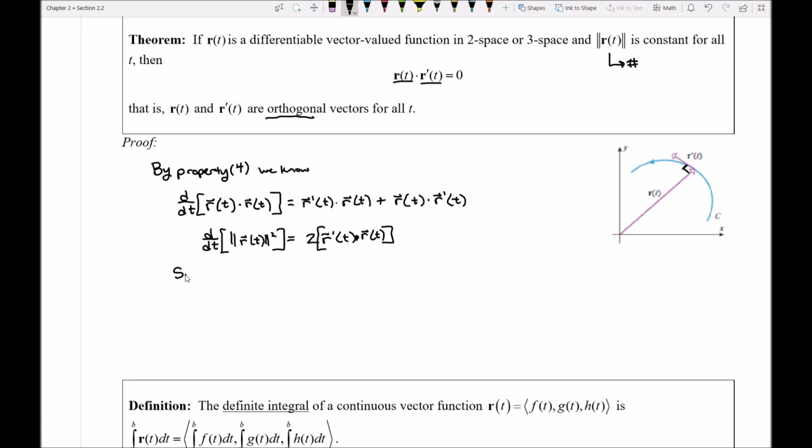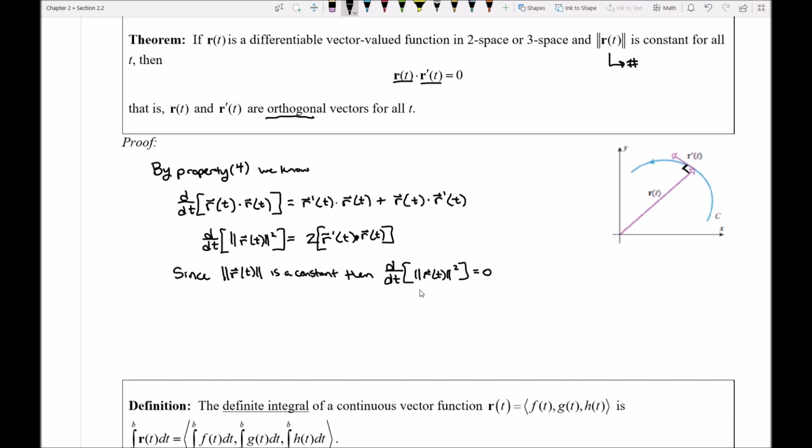Since r prime of t is a constant, then wouldn't taking that constant and squaring it still be a constant? But if I have a constant in there, the derivative of a constant should just be 0. So this whole thing here is really just 0.